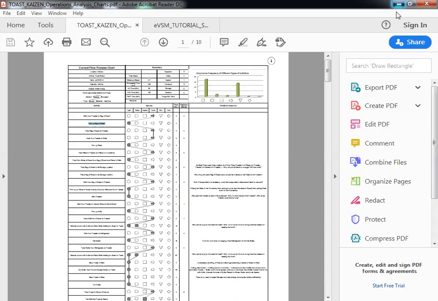I think a better suggestion would be to go to your forum discussion on Blackboard and attach a file to say here's my question, and then when I reply, everybody in the class will see my response and your question with your suggestion. So that's another way we could communicate.